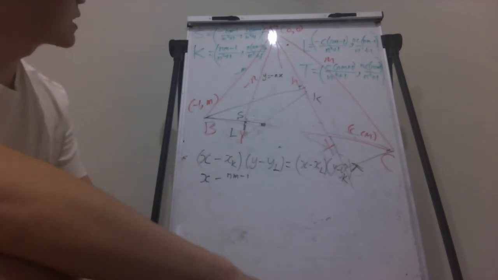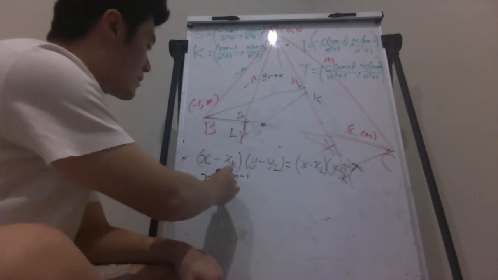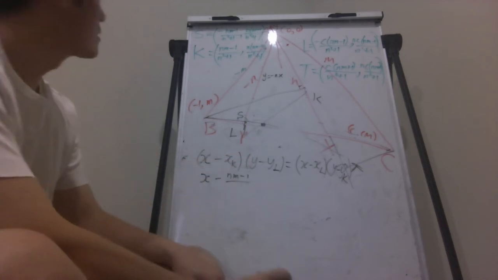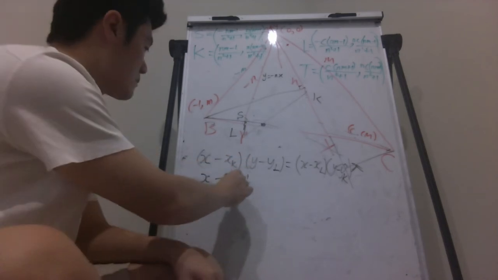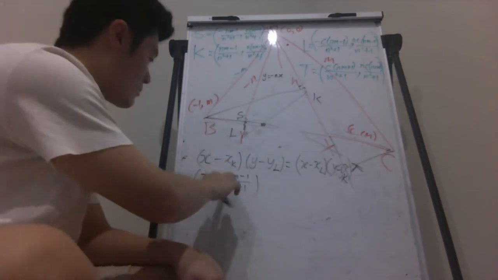So if I'm finding KL and ST, right? What's the relationship between KL and ST? Well, you mean x minus nm plus 1, right? Because you did x minus xk. It should be x minus nm plus 1. Oh yeah, well I mean it's inside the brackets. Haha. Very nice invisible brackets. Oh, it's a fraction. The fraction is already brackets.